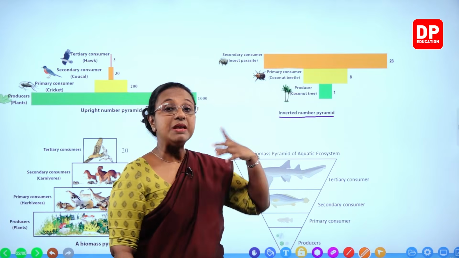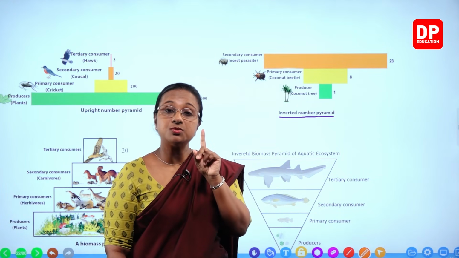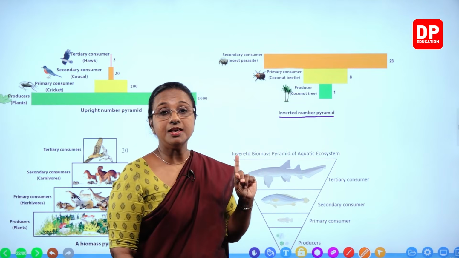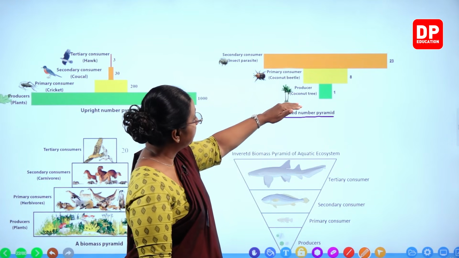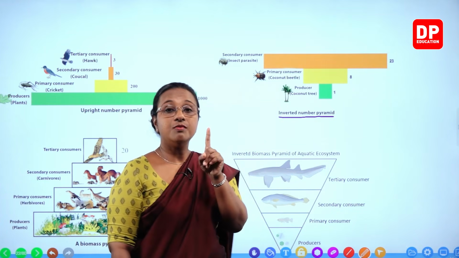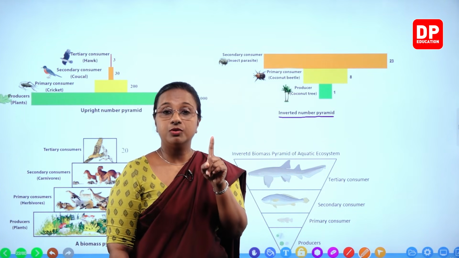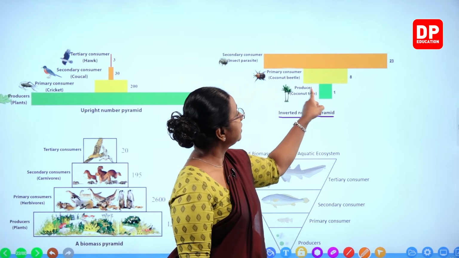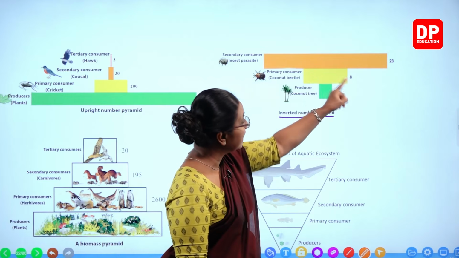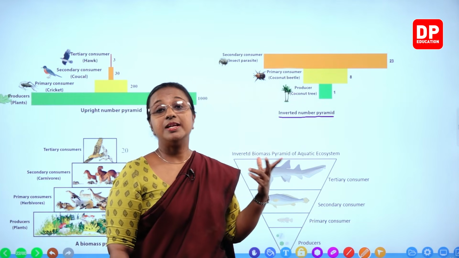So there can be many parasites living on just one insect. So there you can see there are 23 parasites. So the producer, that is the first trophic level, only one organism, one coconut tree. Second trophic level, the number is 8, and the third trophic level 23.